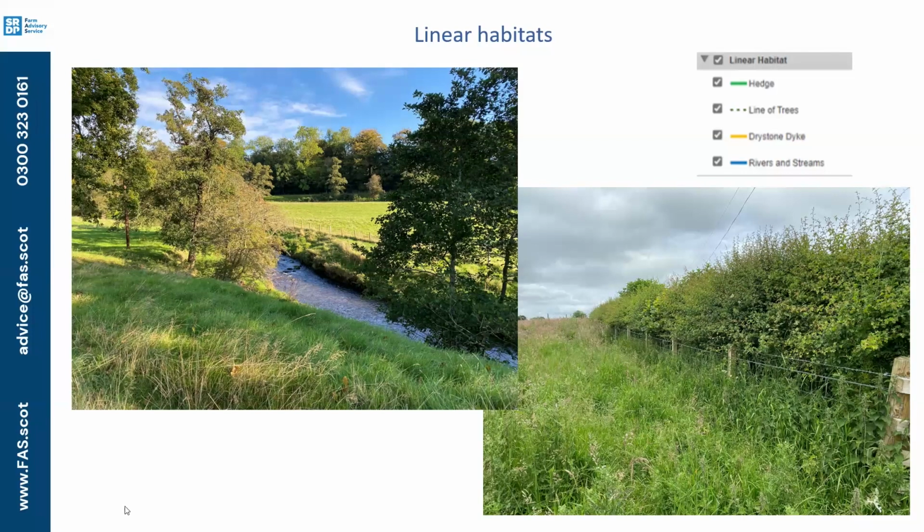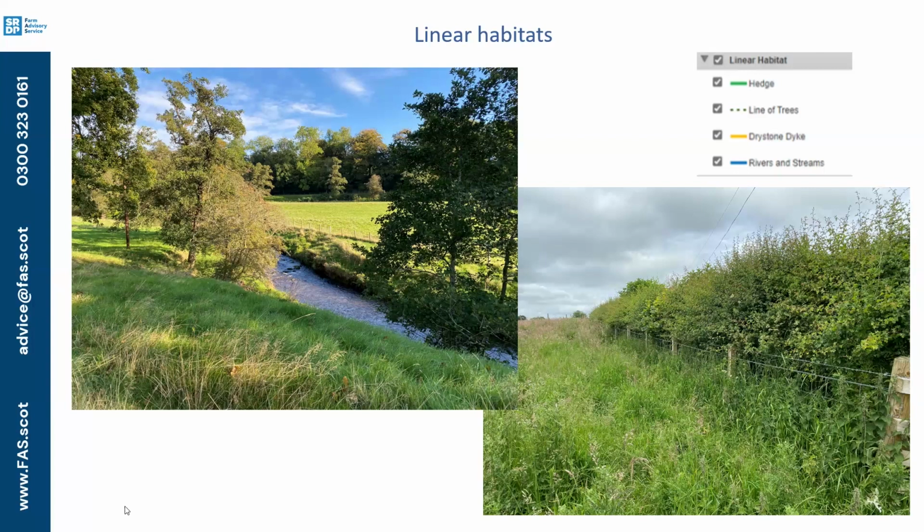I've also included a photograph of what I call a good hedge. I'm sure we've all seen hedges around the countryside which become what I call a sort of lollipop hedge, where the hedge grows up, it's got a long base and then a lollipop of foliage at the top. That isn't really what we're aiming for in terms of biodiversity, because it's much better to have a denser hedge which is full of leaf structure all the way through.